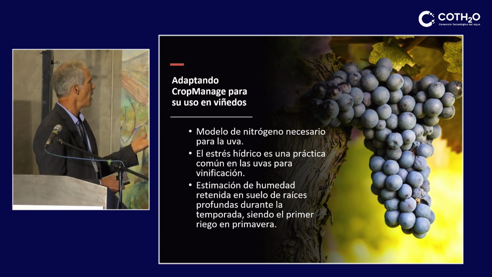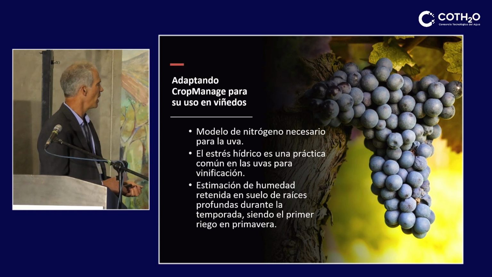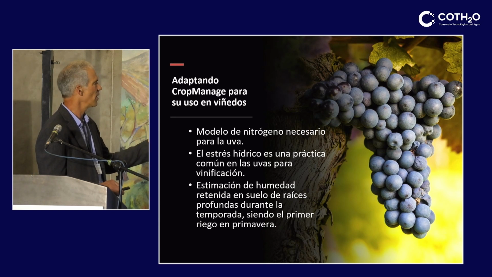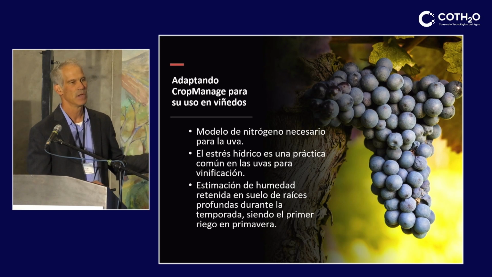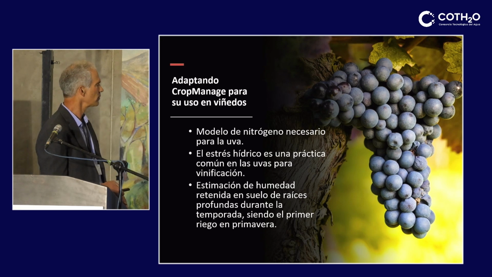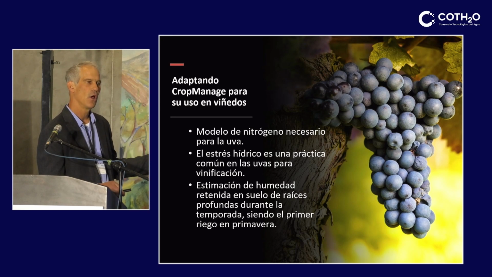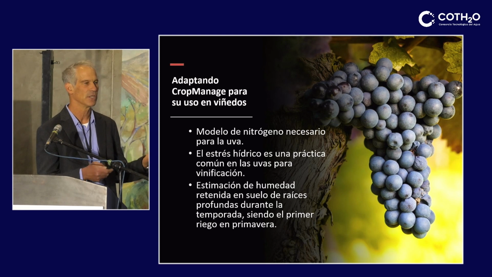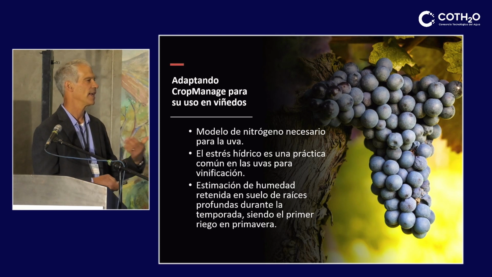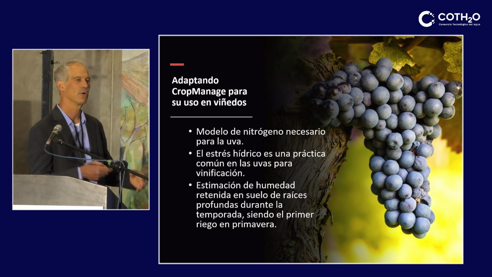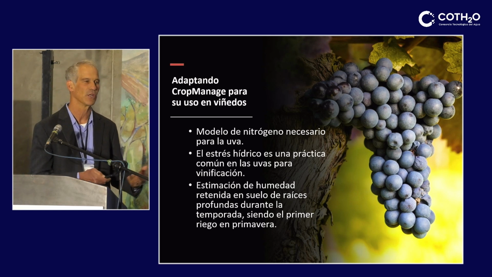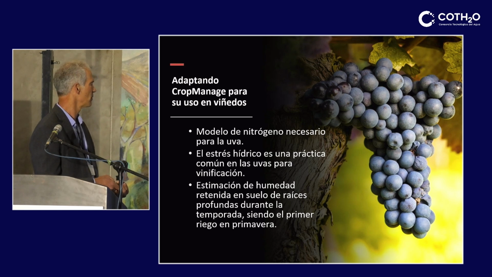So to adapt CropManage for vineyards, we needed to work on developing a nitrogen recommendation model. Also, for the water model for irrigation, we needed to think about regulated deficit irrigation and have that as a tool in the model that growers can make adjustments based on their goal in terms of quality.